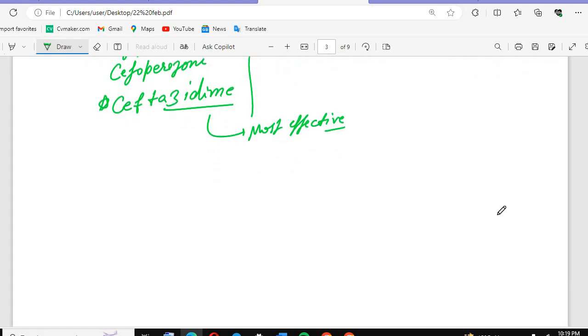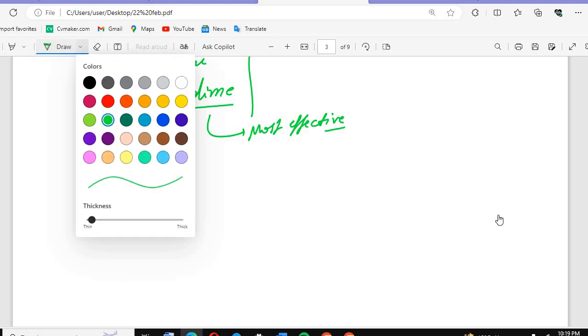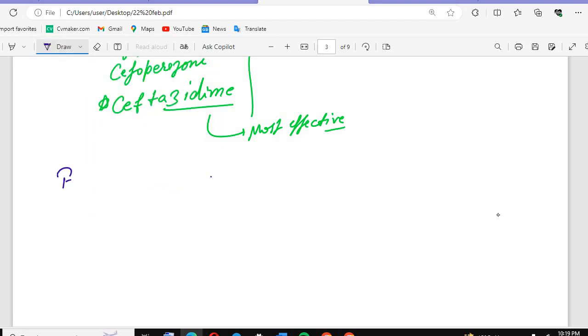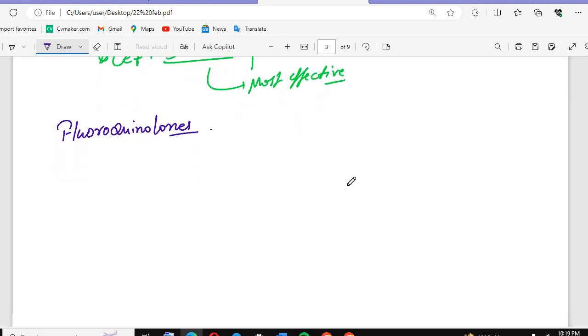Now the next drugs we have studied, that is the fluoroquinolones. The fluoroquinolones that we already discussed, or you maybe studied already in the Krok exams. These are the drugs ending with floxacin.